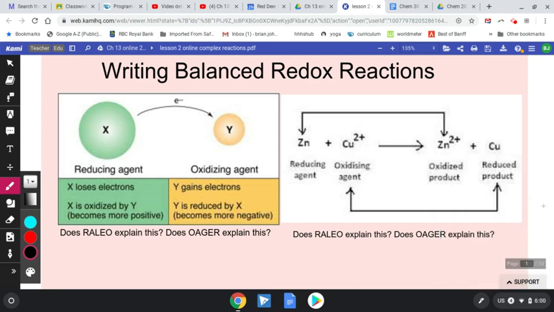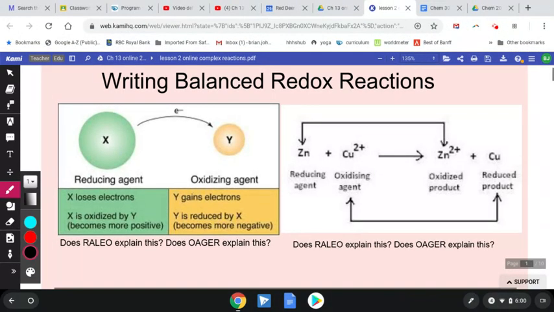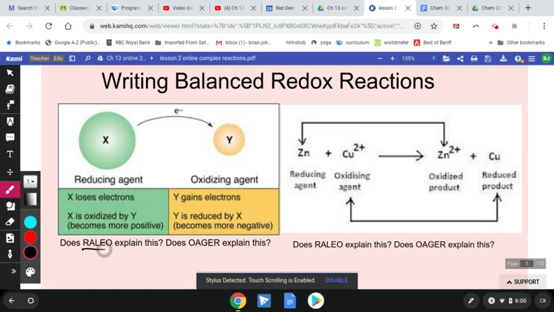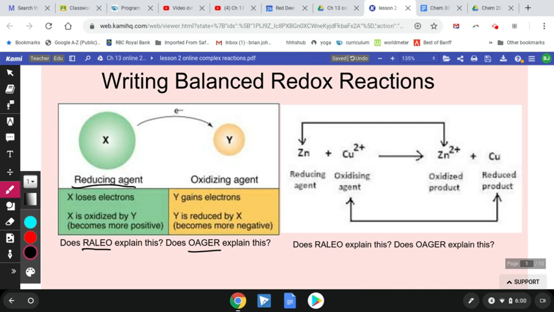So on the first screen here is just a little bit of a review to get you back up to speed. So critical, and I went through this yesterday, you need to remember Ralio and you need to remember Ogre. So Ralio is the reducing agent, and you can see here that it is losing an electron and undergoing oxidation, or we can say the reducing agent loses electrons, oxidized.